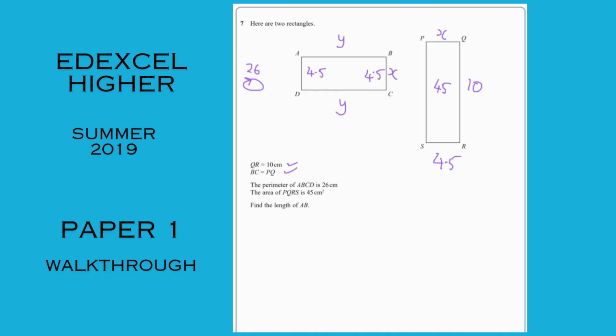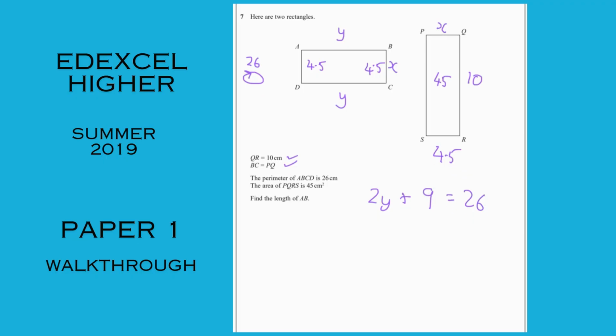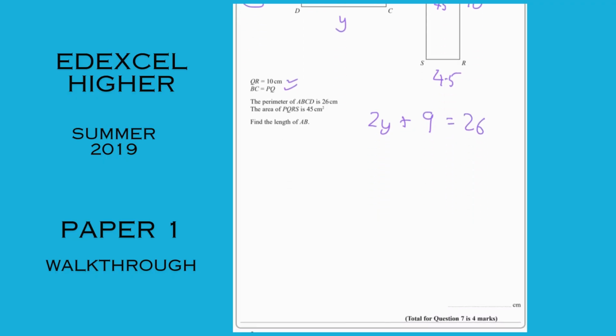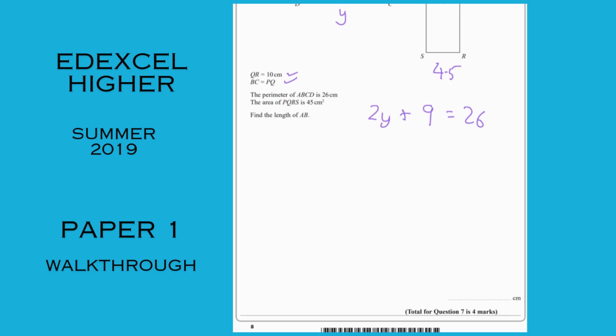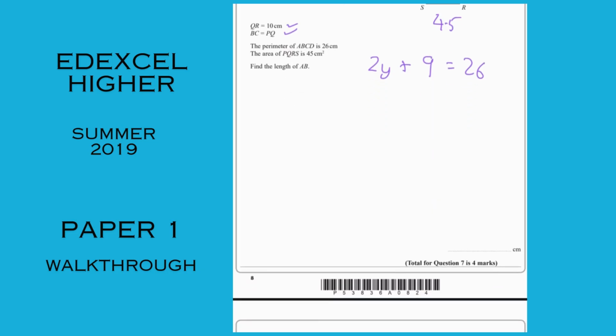So the perimeter of the first rectangle, add all the sides up, 2y and 9 gives us that 26. So if you take away 9 from both sides, you get 17. Half of 17, 8.5. Job's a good one.